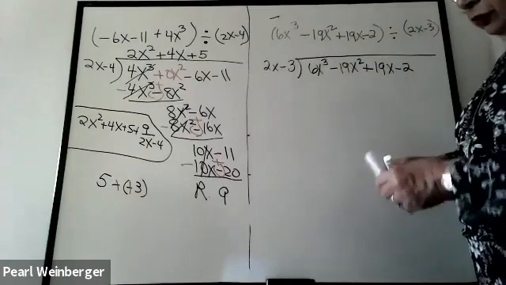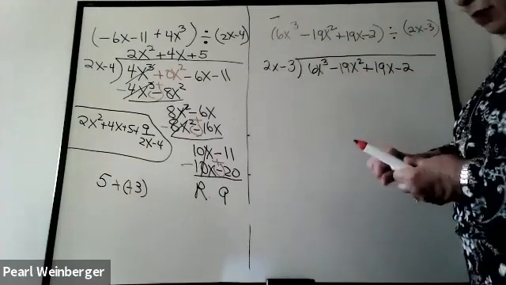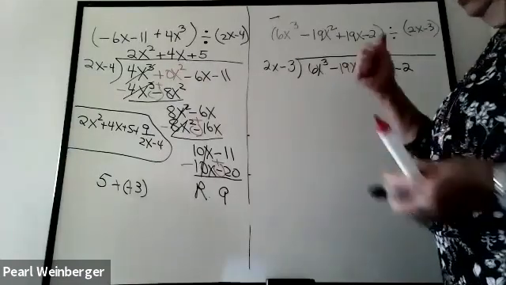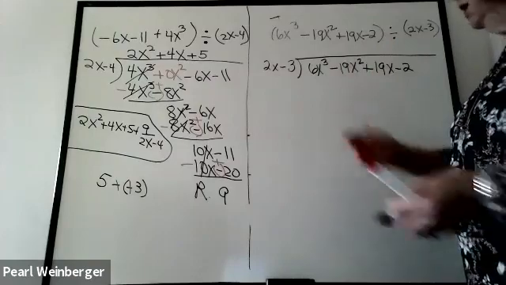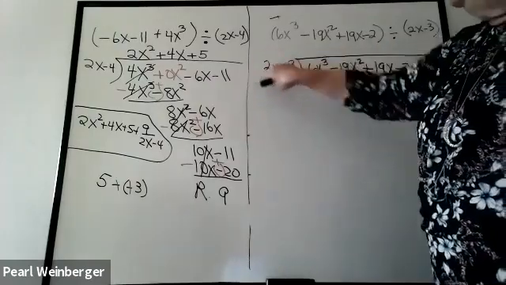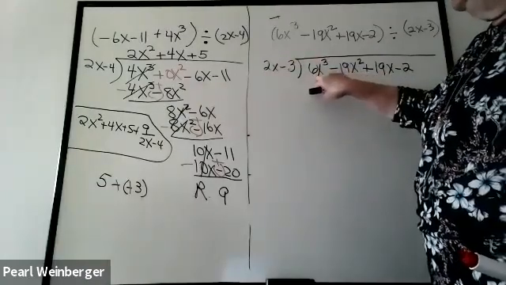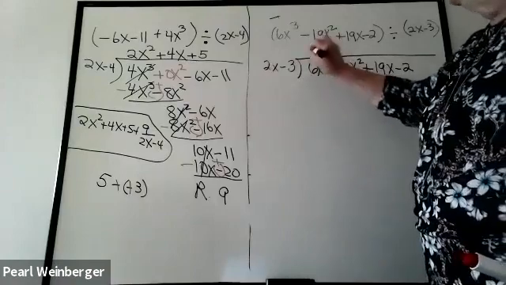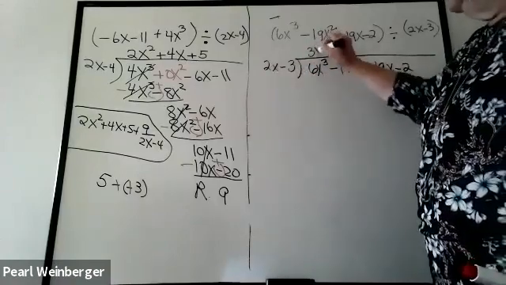Okay, so now let's start the steps. Remember, our basic steps are divide, multiply, subtract, bring down. I always start with just the first term, the 2x. So 2x, I'm going to divide into 6x to the third. So the 2 into the 6 goes 3, and the x into the x cubed gives me x squared.